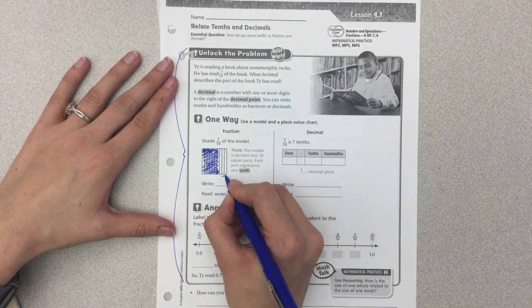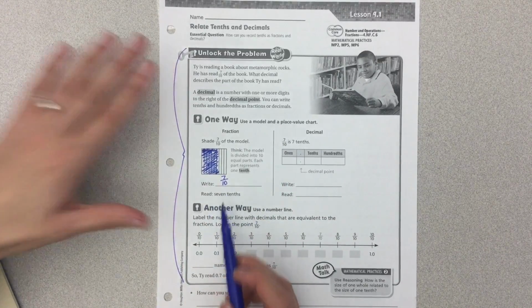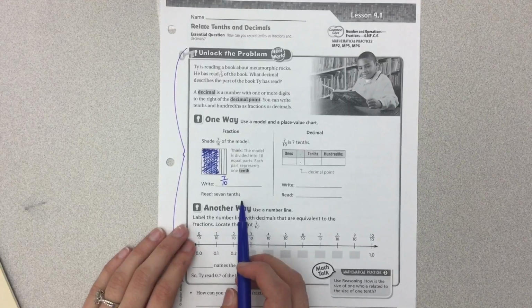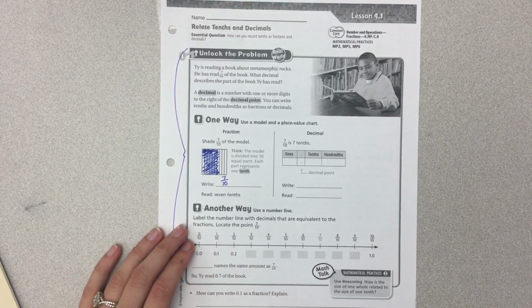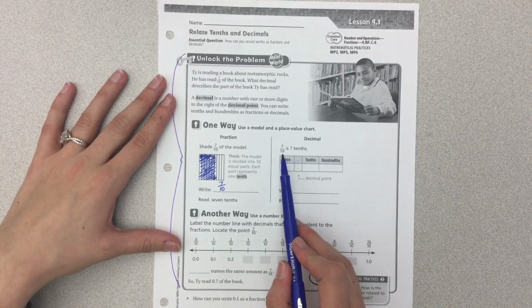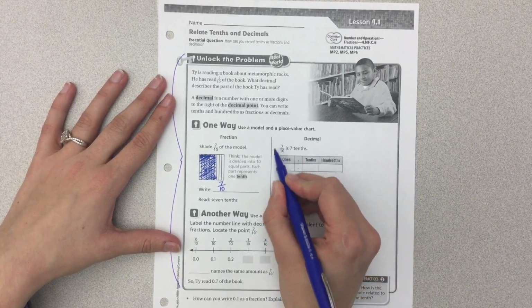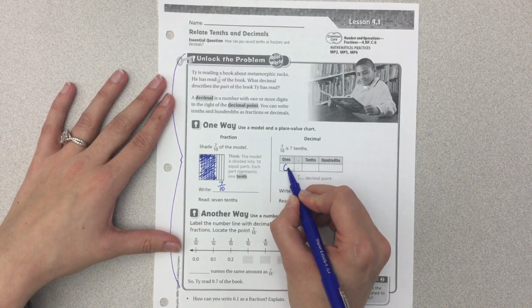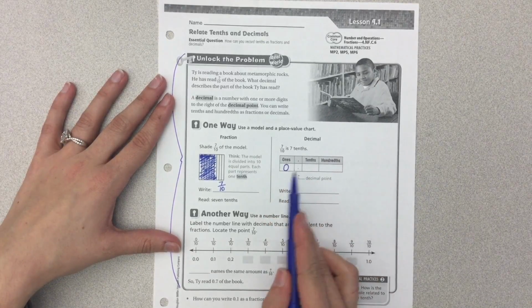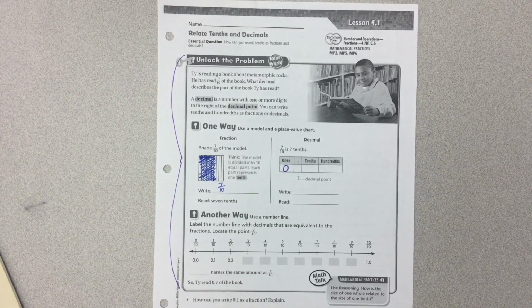Our model is now shaded to show 7/10. If we read the fraction 7/10 and write it out in words, it simply says 7/10. They want us to write 7/10 in decimal form. Since we have no whole number here, our ones place is going to be a 0, because anything to the left of the decimal is a whole number, and anything to the right of the decimal is a fraction.